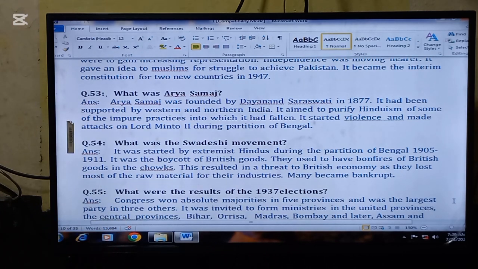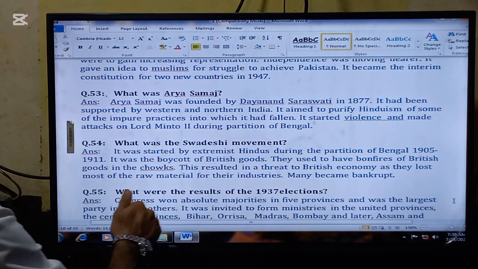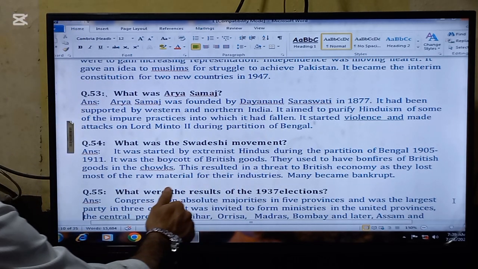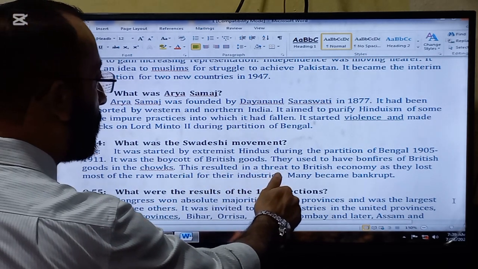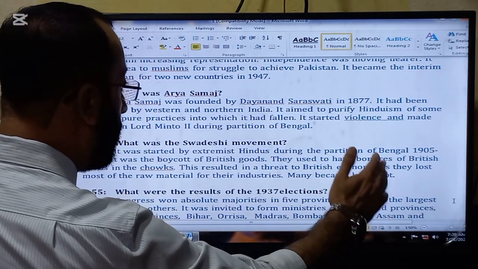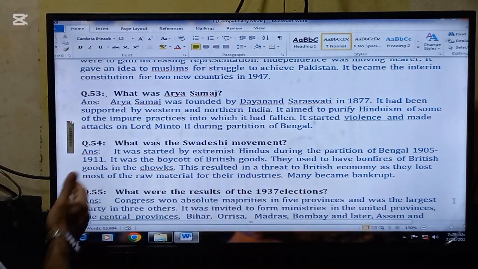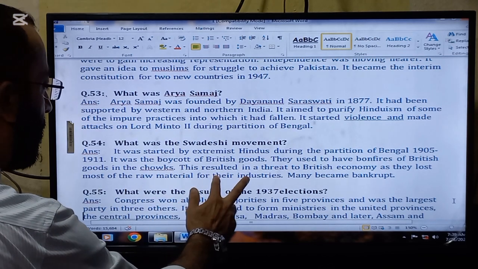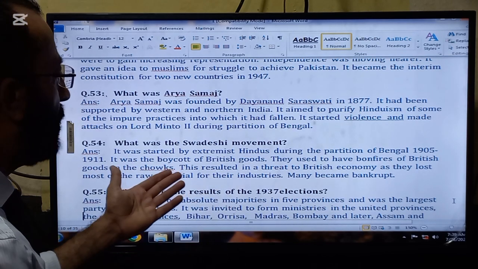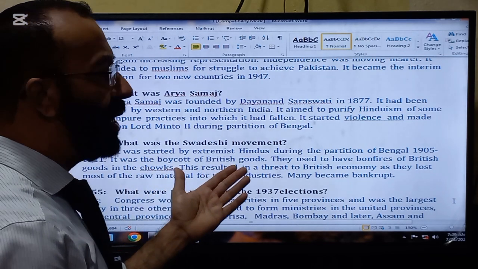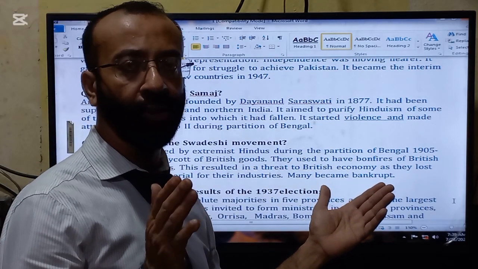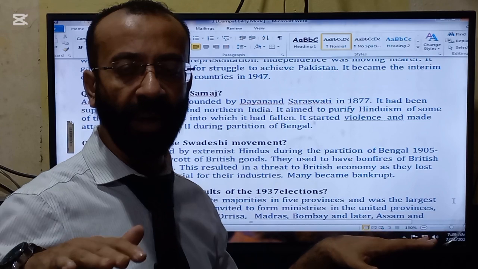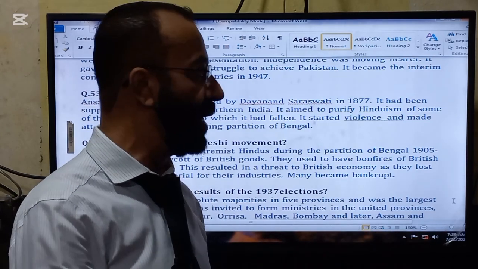The next important question for today is, what was the Swadeshi movement? It was started by the extremist Hindus during the partition of Bengal, 1905 to 1911. It was the boycott of the British, because Hindus were of the opinion that Hindus are supreme over the other minorities of the subcontinent.